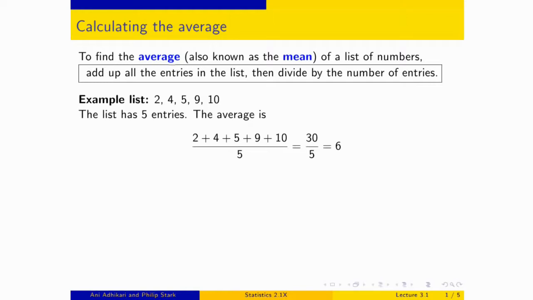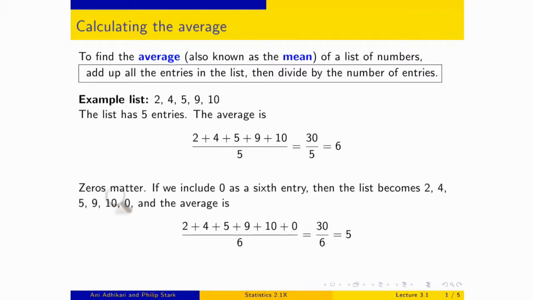Just to be sure that there are no misunderstandings, zeros do matter. If you throw in a 0 as another entry, then your list becomes 2, 4, 5, 9, 10, which was the old list, and another 0, so now it has 6 entries. The sum in the numerator is the same because you haven't changed the sum by adding a 0, but the denominator, the number of entries, has changed.